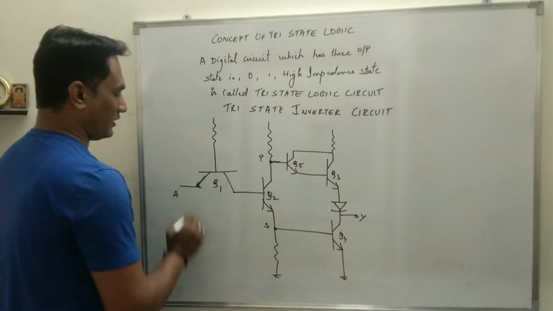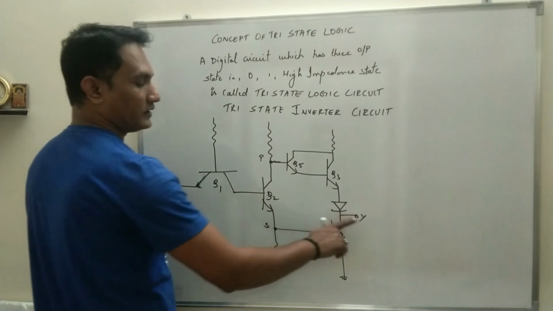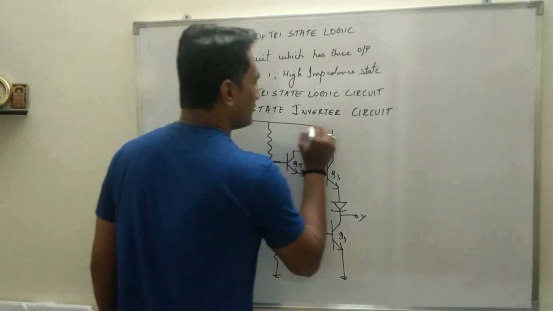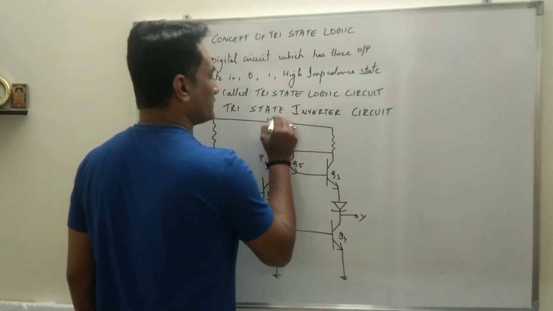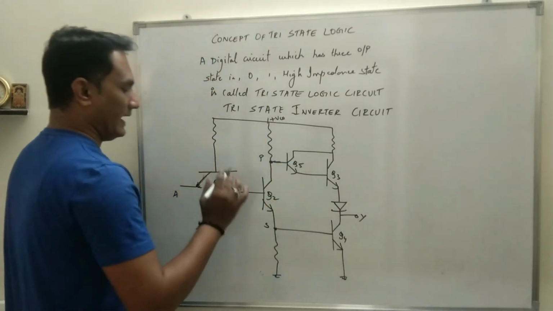Let this be logic input A. So there will be one input and one output. All this will be connected between a positive supply plus VCC and ground.